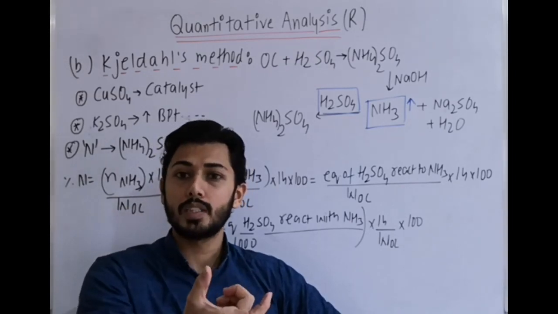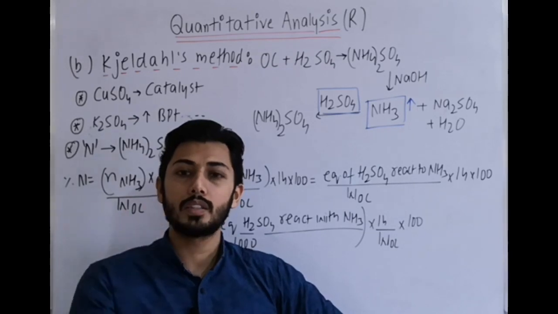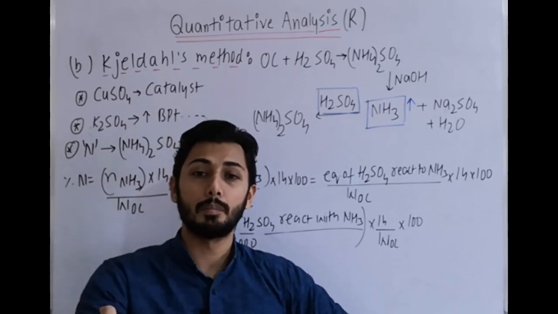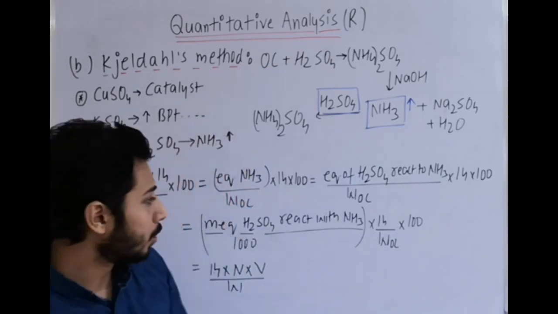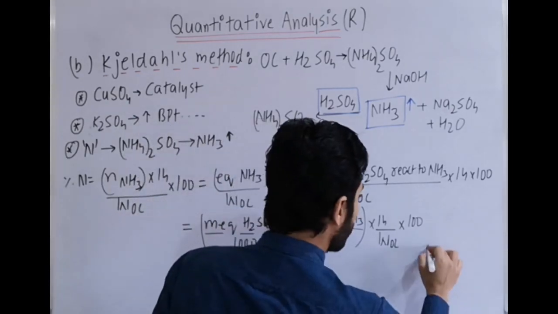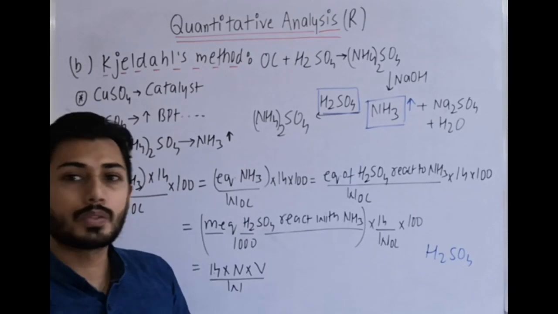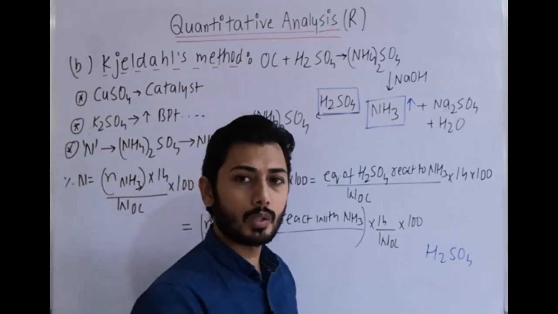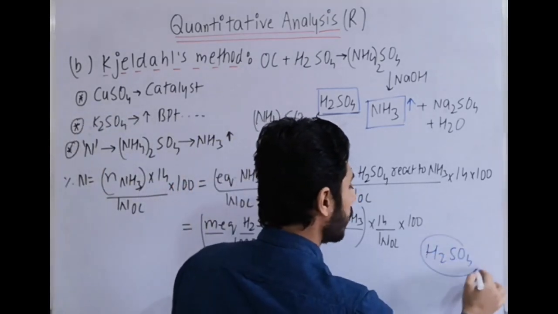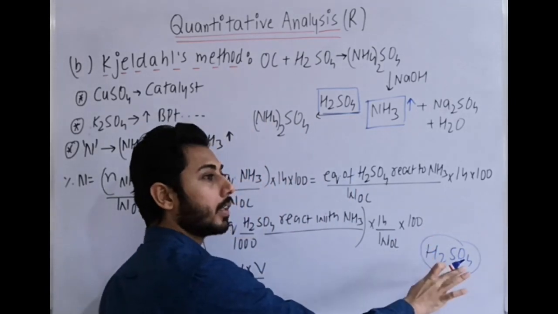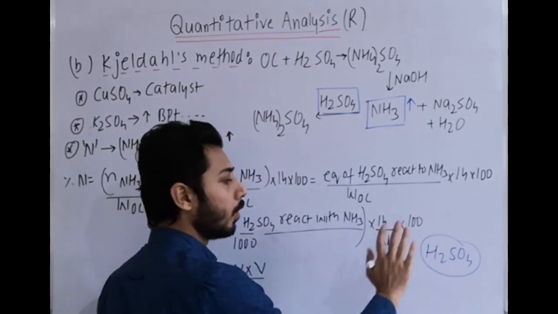But excess of acid is there, so we neutralize this acid by using base, that is NaOH. So in short, with H2SO4, it all depends on how the numerical is framed. If it is framed using excess of acid, that means excess of H2SO4 is given, with standard concentration, normality and volume given.